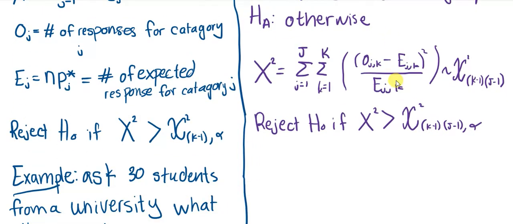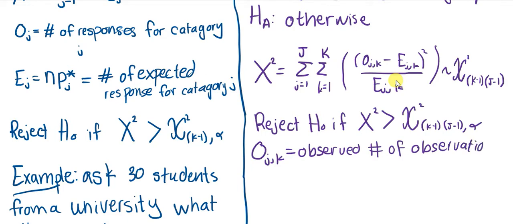Note that O_jk is the observed number of observations in category J, population or group or sample, let's say group k.